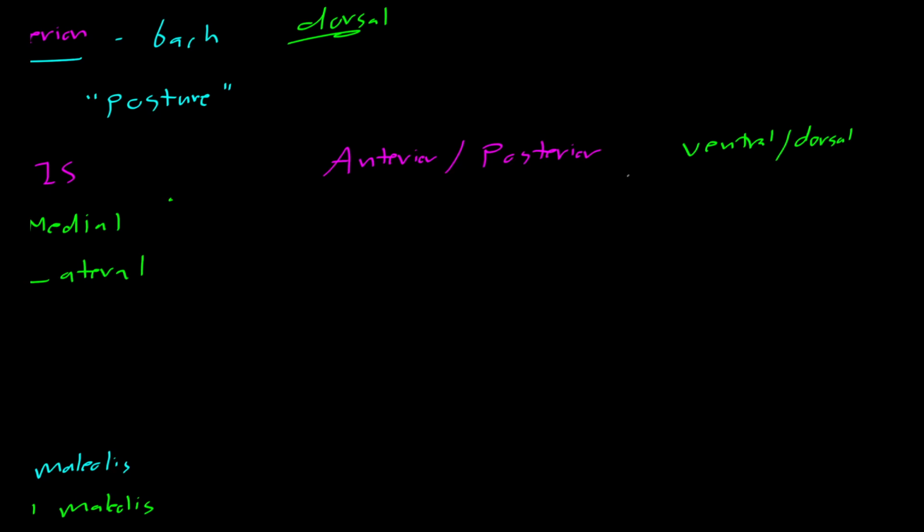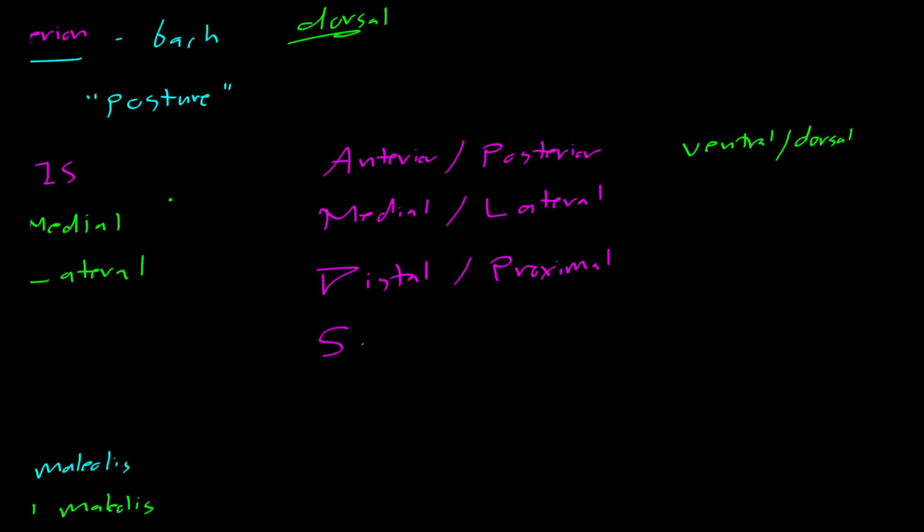We learned about medial and lateral. Medial, that's towards the middle, lateral, towards the outside. We learned about distal and proximal. Distal meaning further away from the center of the body. Proximal meaning closer to the center of the body.